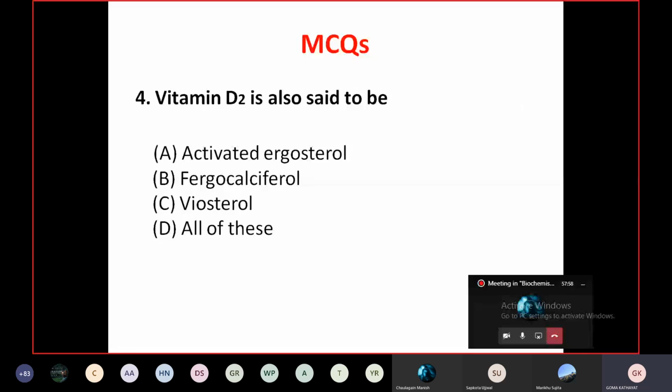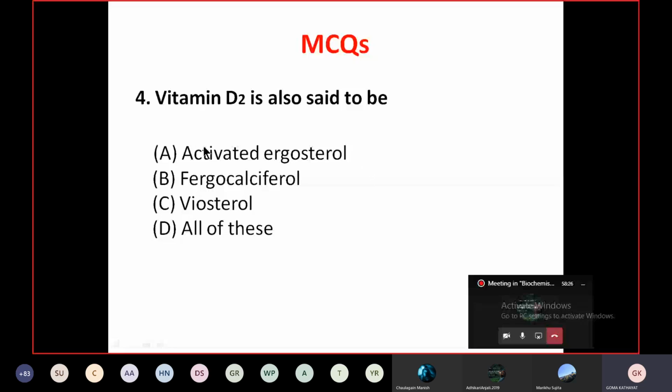Vitamin D2 is also said to be ergocalciferol, and another name is activated ergosterol.